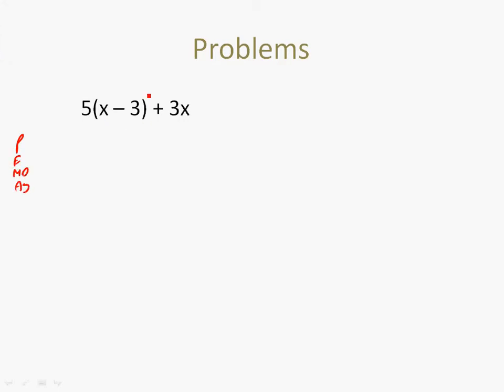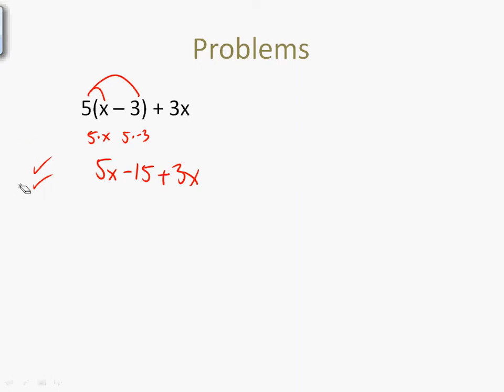Parentheses: x minus 3, not like terms. That's done. Exponents, none. Multiply or divide. The 5's touching the parentheses. That means I have to distribute it. 5 times x, 5 times negative 3. So 5x minus 15 plus 3x. And now I can add and subtract.